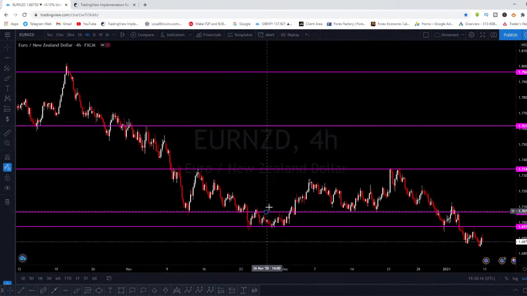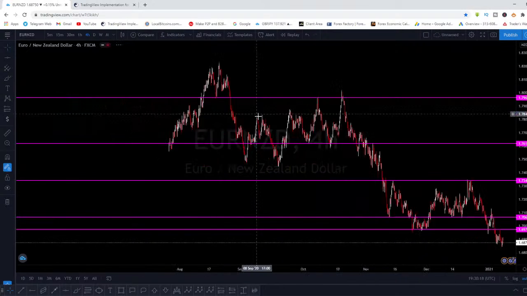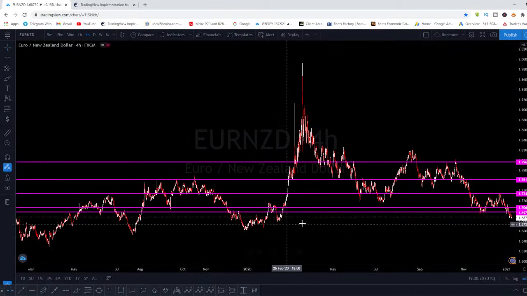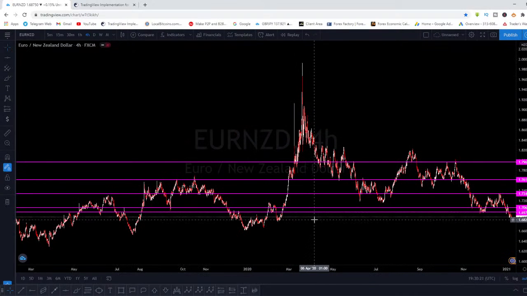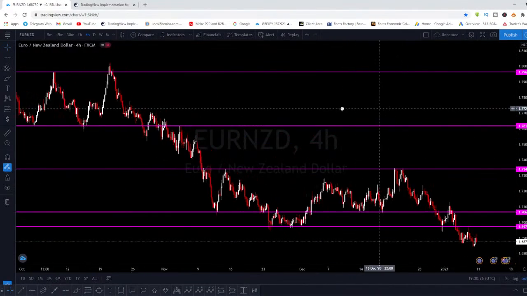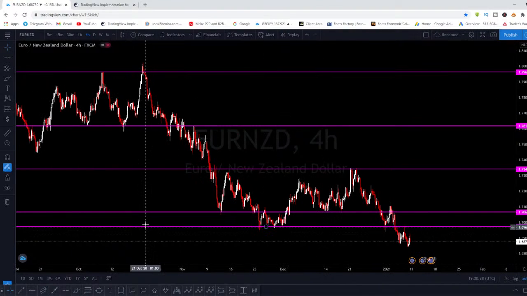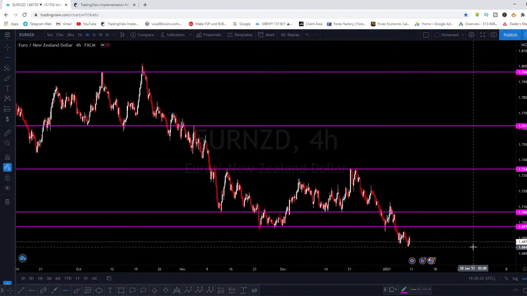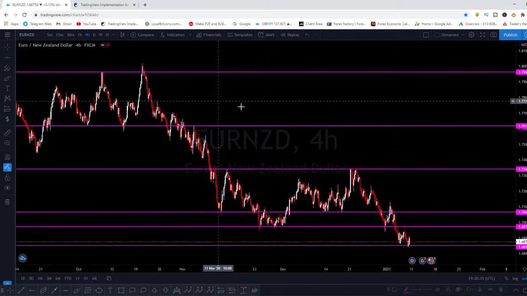You guys see it. If I zoom out like that, and then zoom in again, I'll be seeing all of the structures where I put my support and resistance, right? So we can put another one right here again.